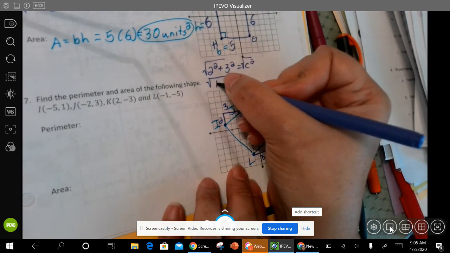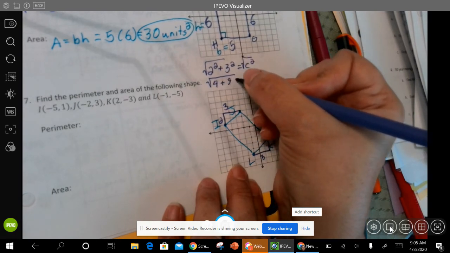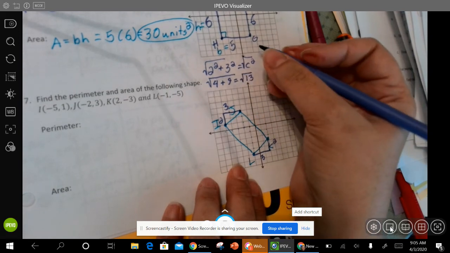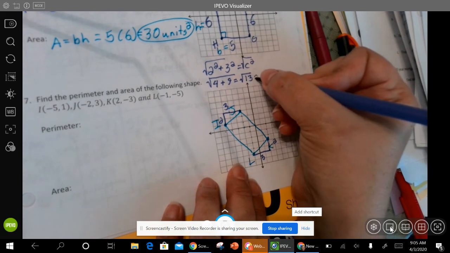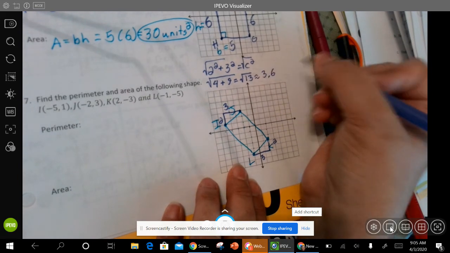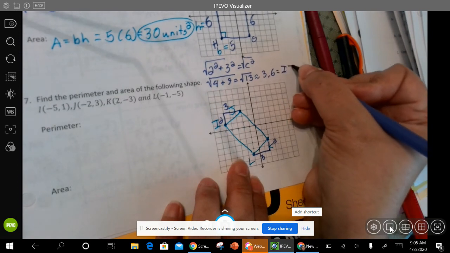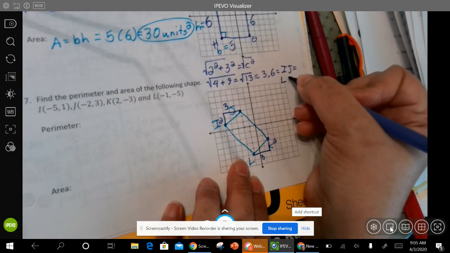So we're going to get 4 plus 9, which is 13. Square root of 13 is approximately 3 6/10. Okay, so this is for IJ and LK.